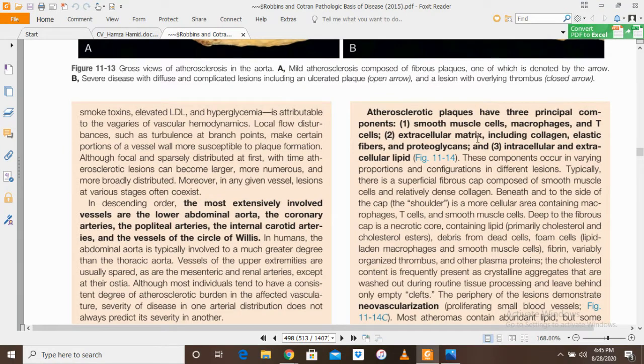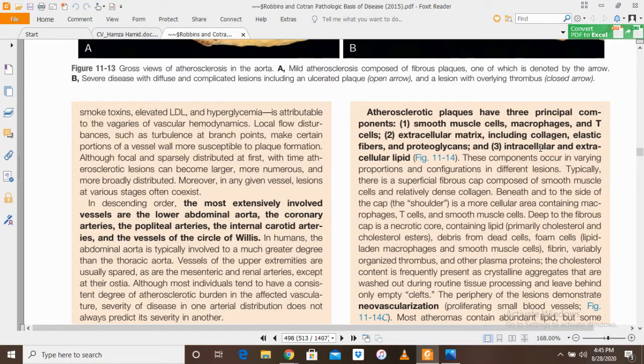Then the second is extracellular matrix, which includes collagen, elastic fibers, and proteoglycans. This extracellular matrix usually comes from the smooth muscle cells, which come into the intima, proliferate, and produce extracellular matrix. And the third is intracellular and extracellular lipid.